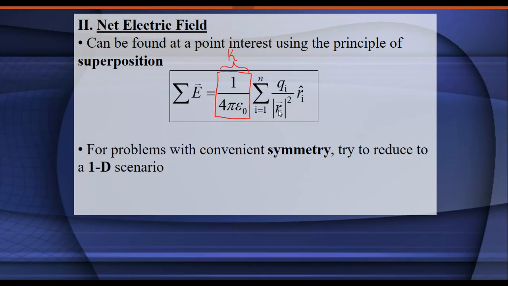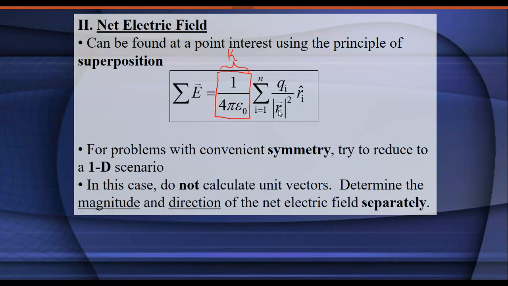If we can look for convenient symmetry, we can take a two-dimensional scenario and break it into a one-dimensional scenario. If we only have things going on in a straight line, it becomes significantly easier because we don't have to worry about vector components, which we'd need to do in either a two-dimensional or three-dimensional case. So in the second example, I'm going to show you how we can look for convenient symmetry that's going to make things much easier.